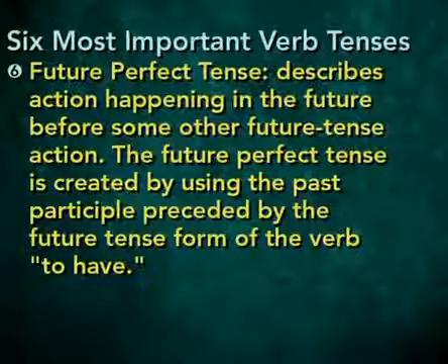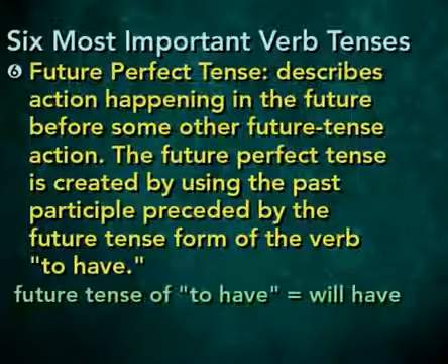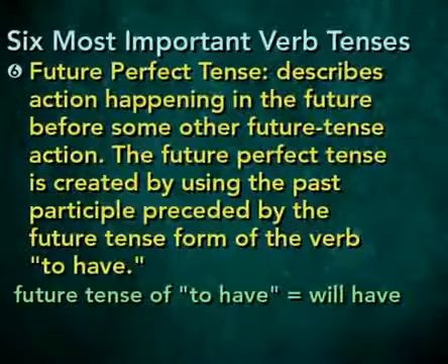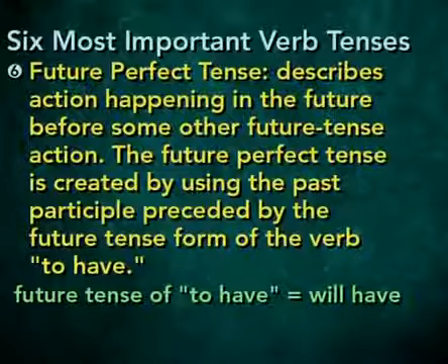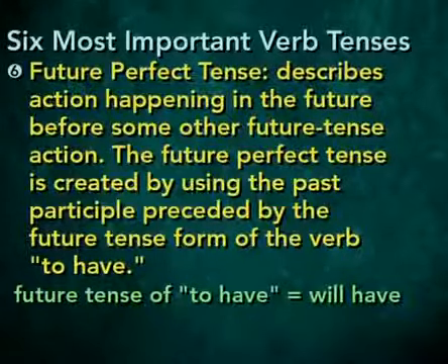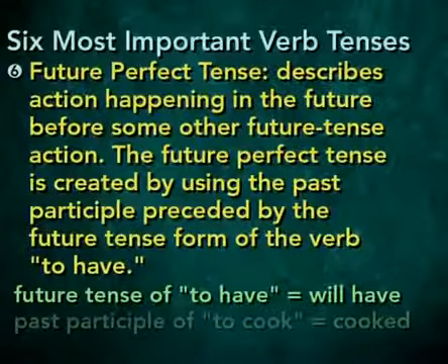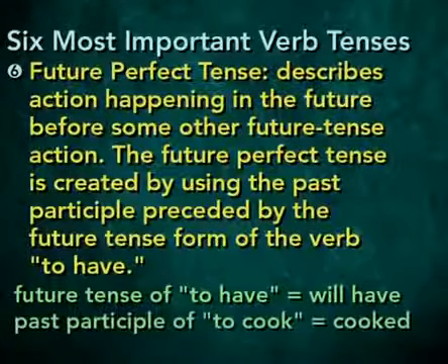Now, the future tense of the verb to have is formed with the words will have. So when we take the words will have and follow them by the past participle, we end up with the future perfect tense. Now, once again, for the verb to cook, the past participle is cooked.